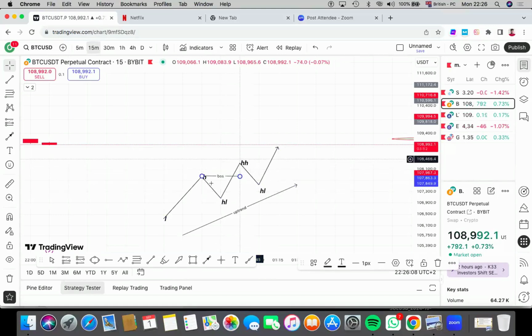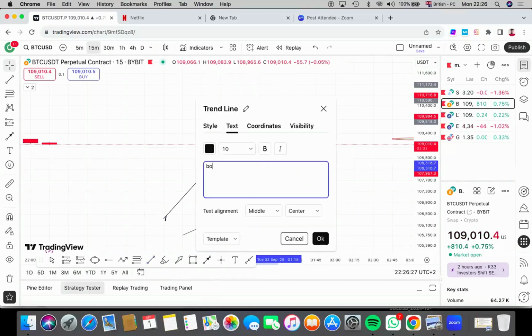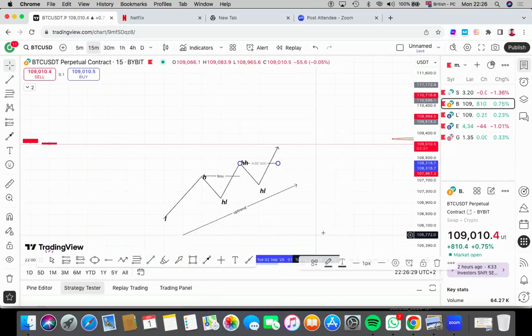So what is the structure? The recent high has to be broken to create a new high. Now it did that already, and we believe that this is an uptrend. So now let's talk about the order block. This is a BOS for better understanding.